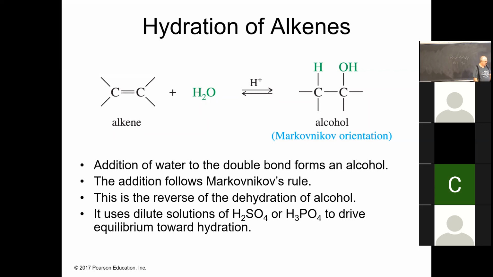Down here in bullet point number 4, it uses a dilute solution of sulfuric or phosphoric acid, rather than a concentrated solution like we did yesterday. This does follow Markovnikov's rule if we have an unsymmetric alkene.